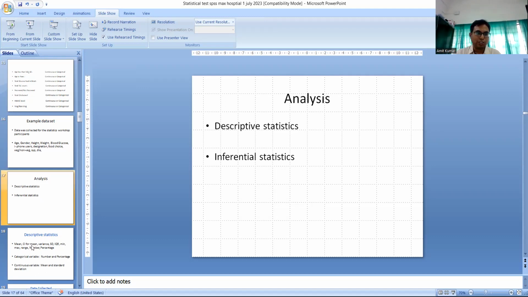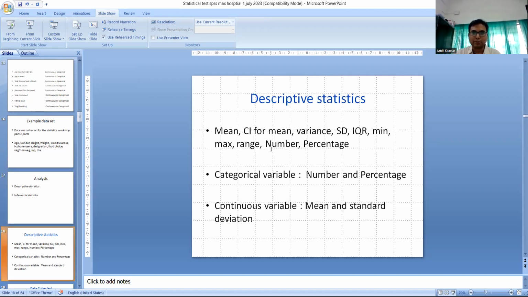Now in the descriptive statistics, we use the mean, the confidence interval for mean, variance, standard deviation, interquartile range, minimum, maximum, range, number, percentage. These are the values we use for the descriptive statistics.